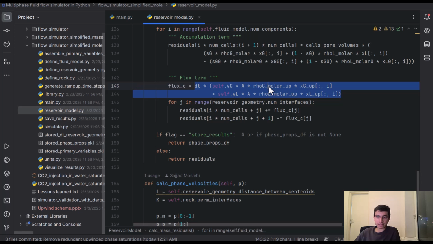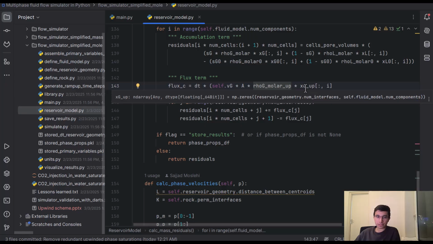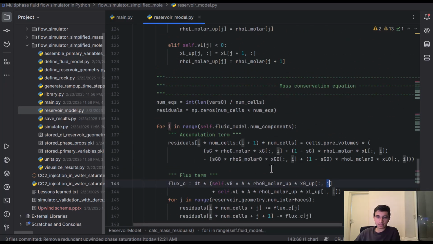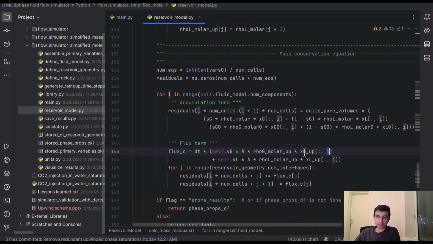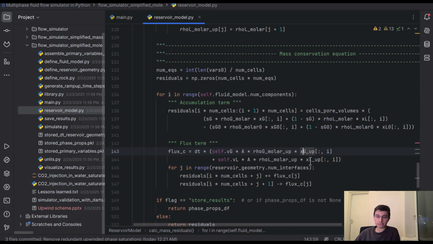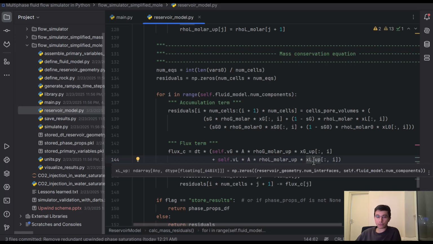As you see, we have phase density and mole fraction of different components, component I, in the phases that we have. All right, gaseous phase, liquid phase. If we have only liquid phase, the gaseous phase will be 0, or the densities will be 0, and so the phase that doesn't exist will be ignored.